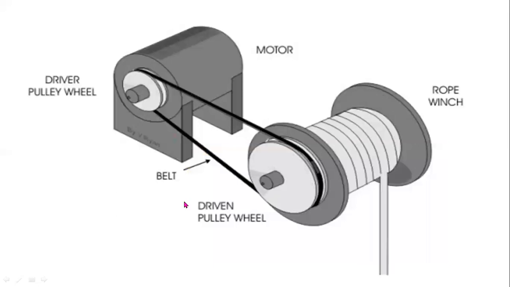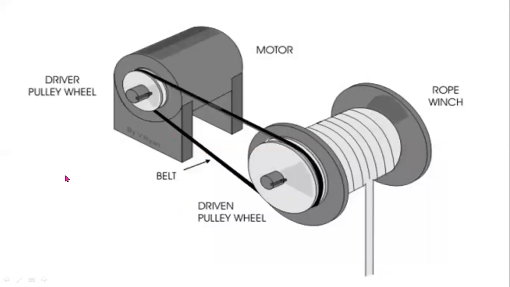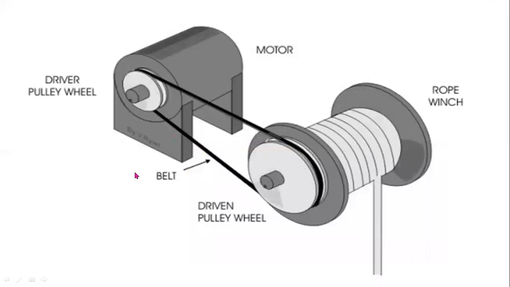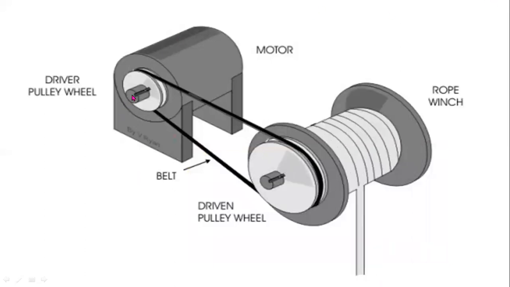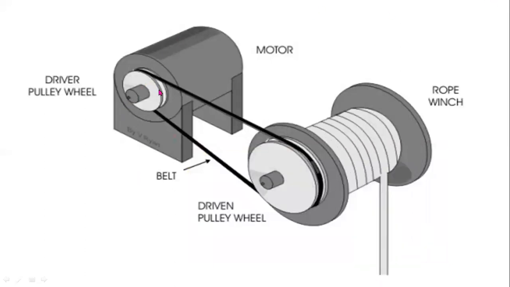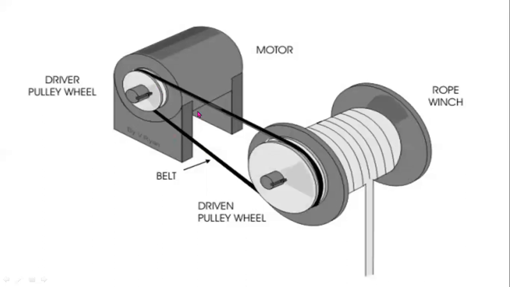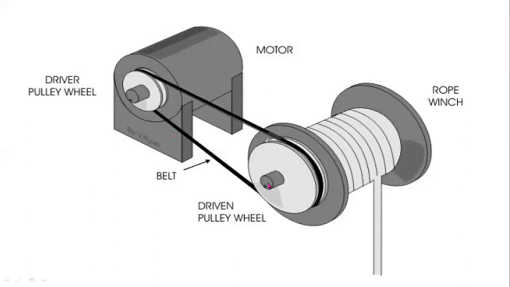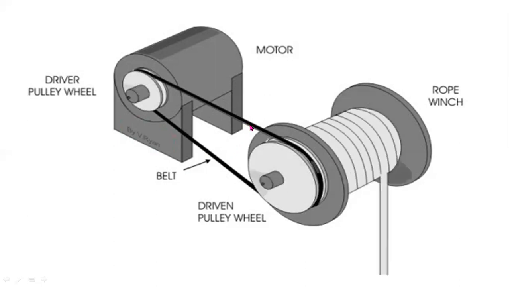Now this one is also an application of a key. Here this one is a motor. This is a motor shaft, and this one is a motor pulley. Here this one is a rope winch, with a rope winch shaft and pulley. This is a belt drive.